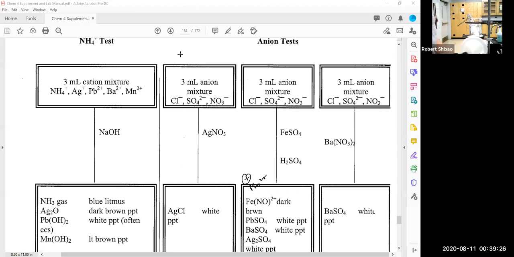Now I have some filter paper in here, and it's got some precipitate in there. I need to put that into the waste. So I'm going to have a solid waste and a liquid waste. And the solid waste, what am I going to do with the solid waste? I need another beaker. I ran out of beakers. I'll grab another beaker.